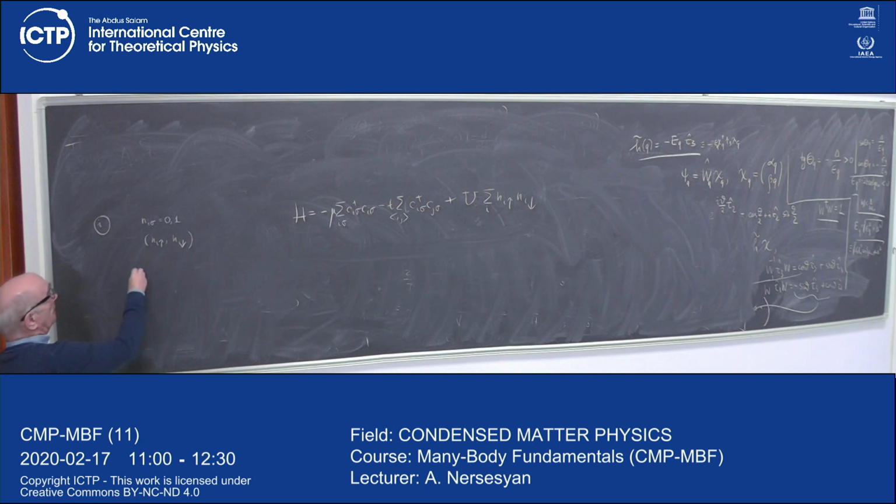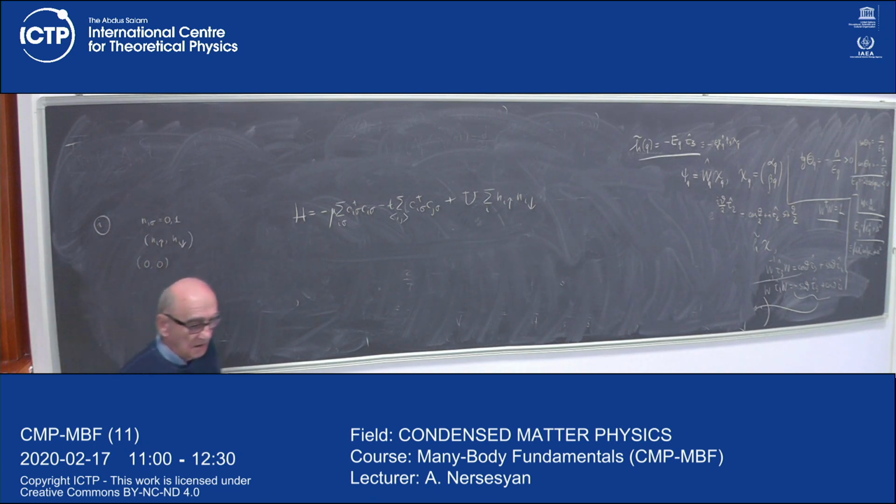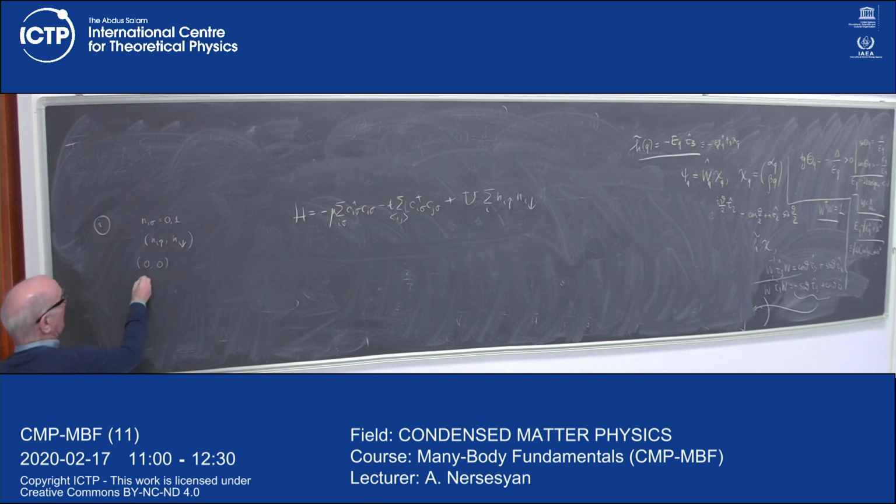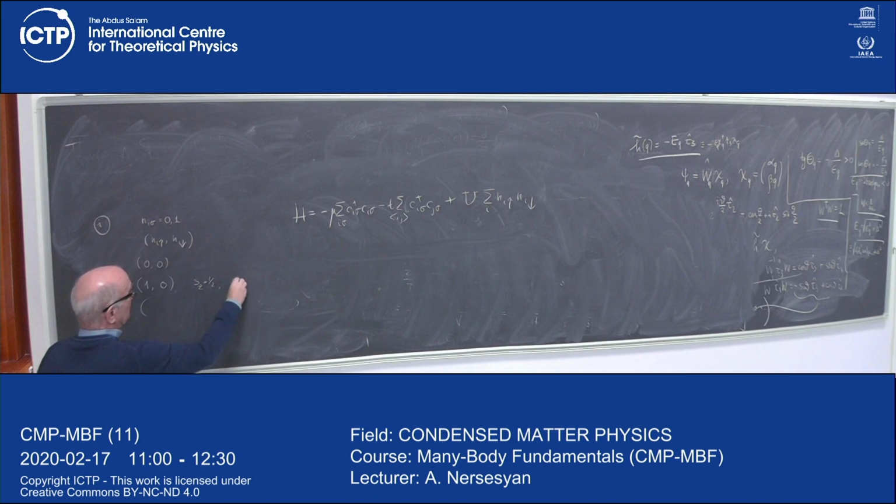And what I may have is the state (0, 0), which means that this is a completely empty level, not a single particle. There is (1, 0) here, a state with a spin projection of 1/2, and the total particle number is 1.